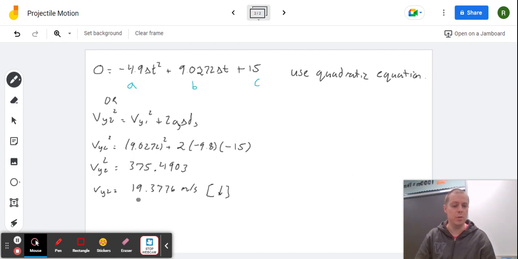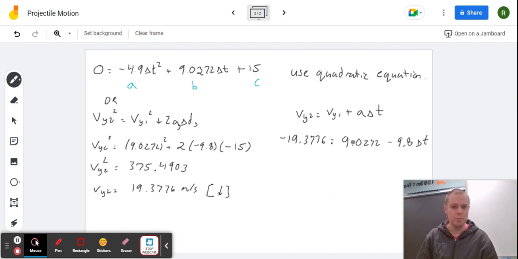Okay. Now that we have VY2, we can use the following equation. VY2 equals VY1 plus A delta t, and we can figure out what the time is. So we have negative 19.3776 equals 9.0272 minus 9.8 delta t.